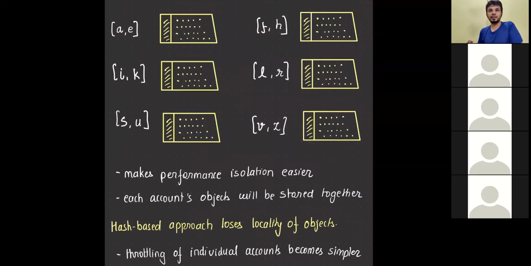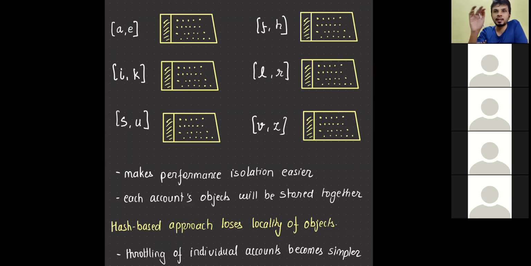So what advantage would this give us? It would be easier for us to identify the hot partition. Let's say my L to R is the hot partition right now. When this is the hot partition, it implies that buckets that start with L up to the bucket that starts with R are getting too much traffic. Maybe there are a few buckets that start with M that are creating the problem. So what would we do?